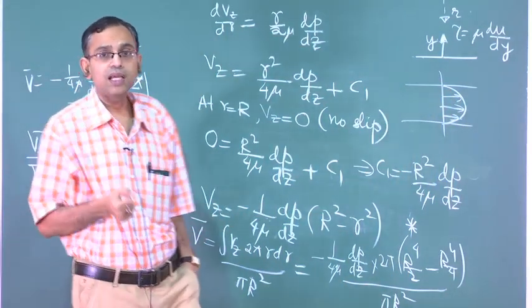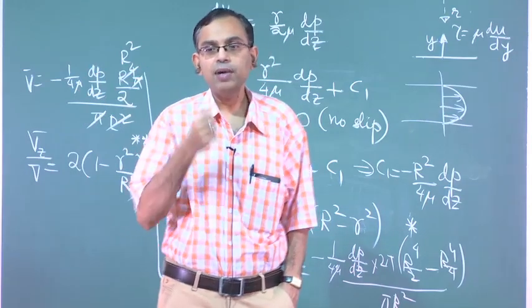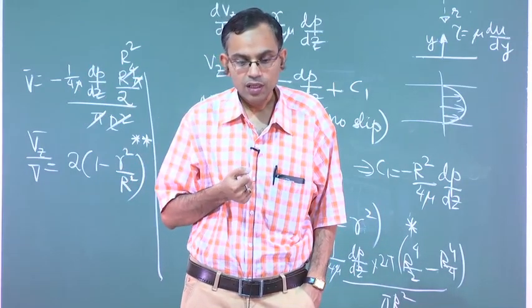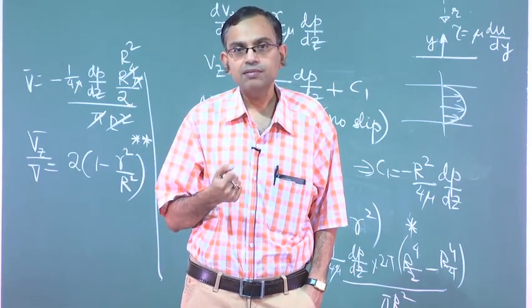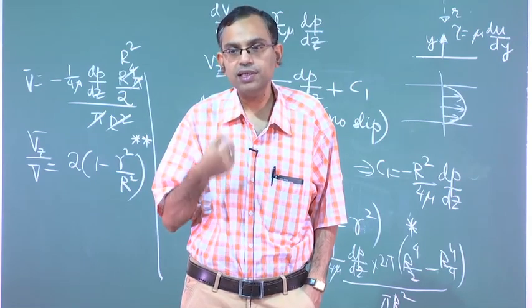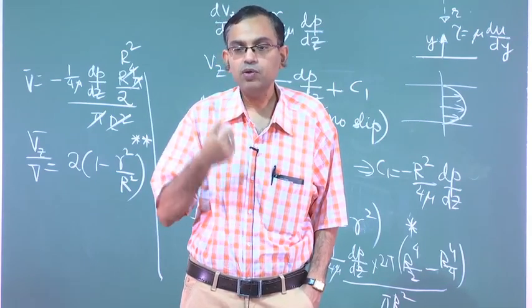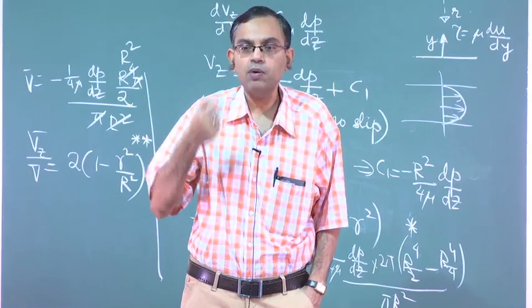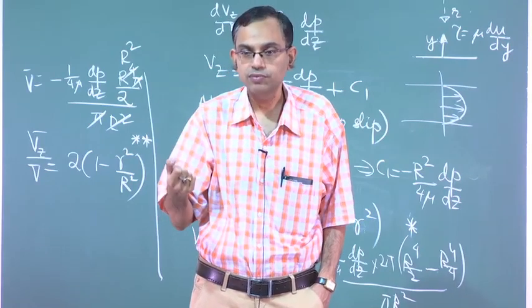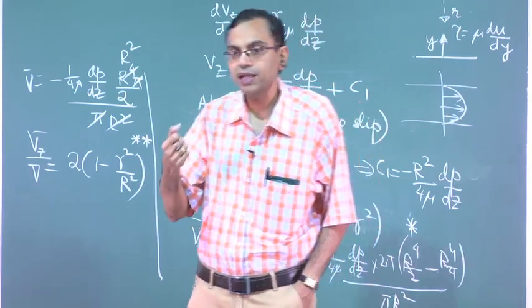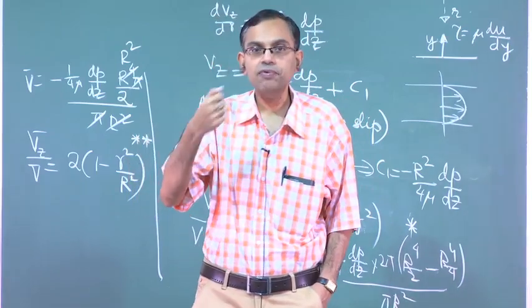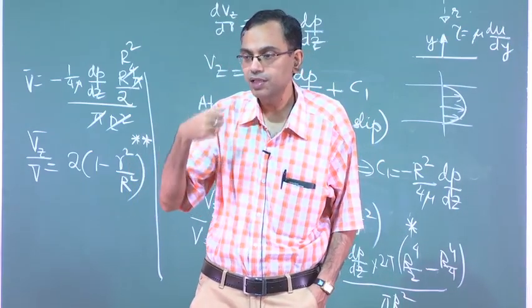Now, the big question is, as a biomicrofluidics engineer, you may be interested in the velocity profile, of course, as a fundamental information, but you may also be interested in how much power I will require to drive the flow, because that is where your pumping cost and effort will be related.